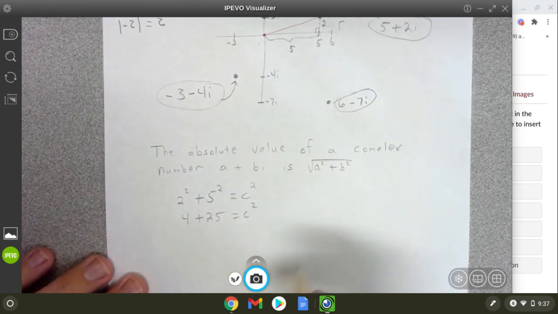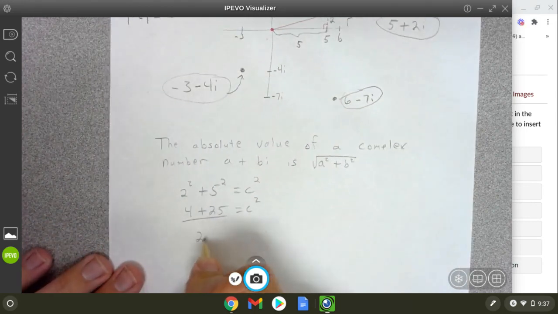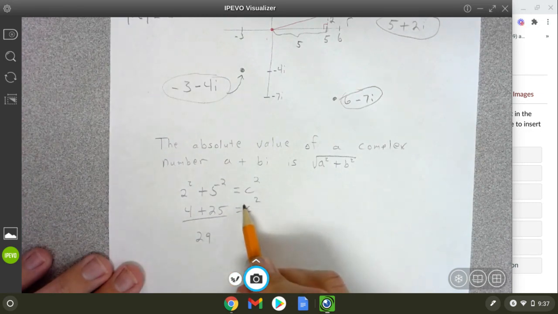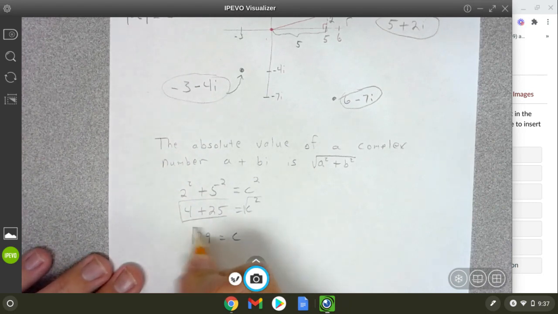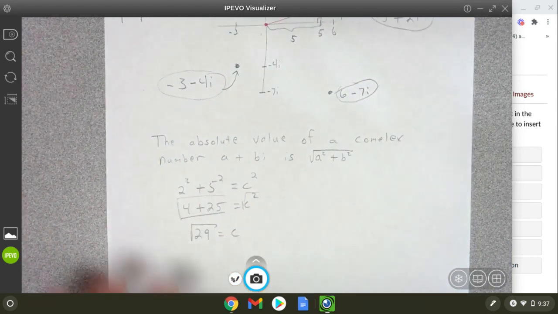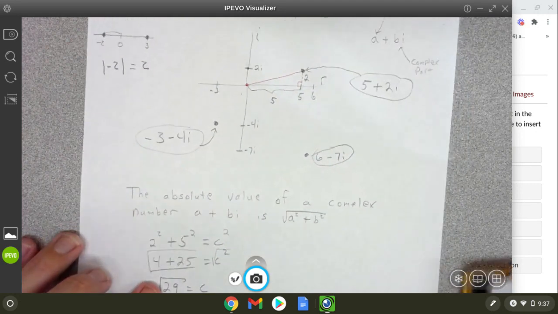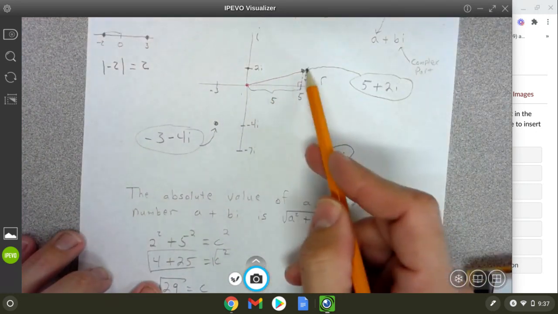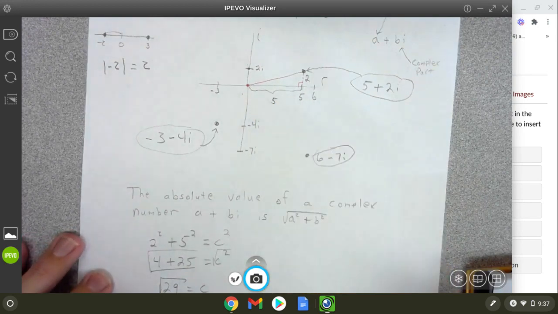And then this is 29. But then you have to square root it. And so you end up with c is equal to the square root of 29. So that distance away from the origin is the square root of 29.